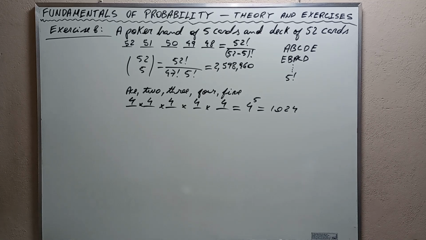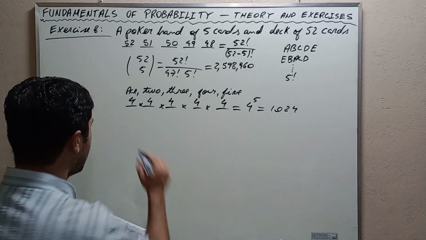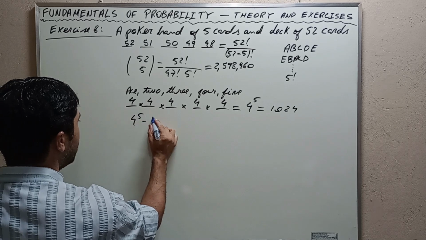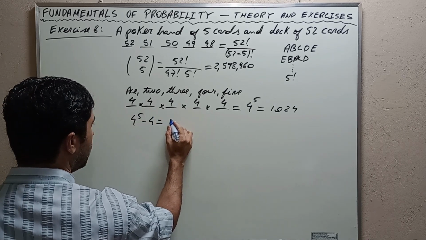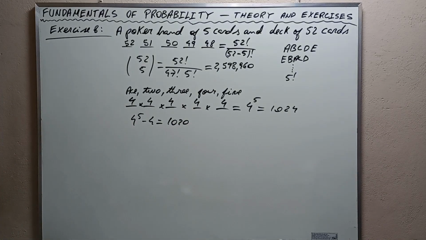Taking account of these four straight flushes, since in four of these outcomes all the cards will be of the same suit, a hand called a straight flush, it follows that removing the straight flushes, we're gonna have 4 to the fifth minus 4 equal to 1020 hands that make up a straight.